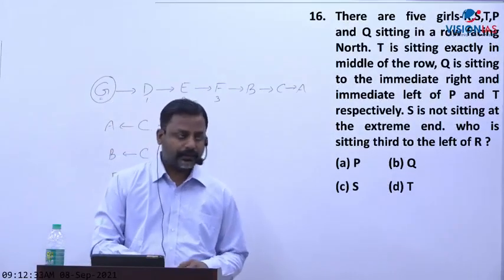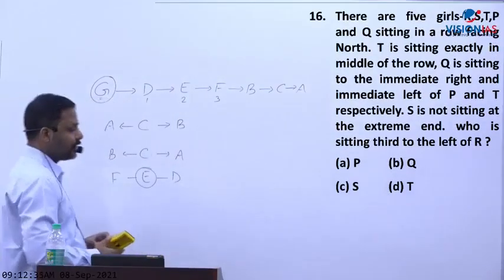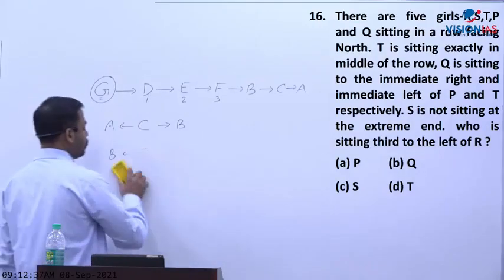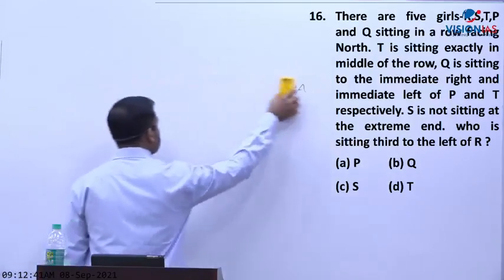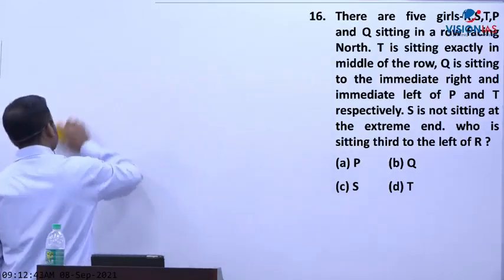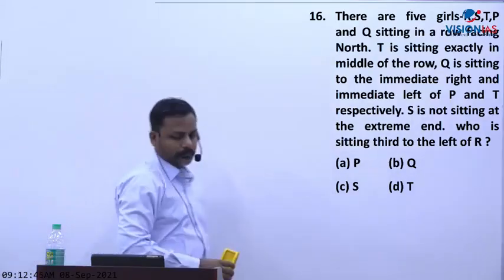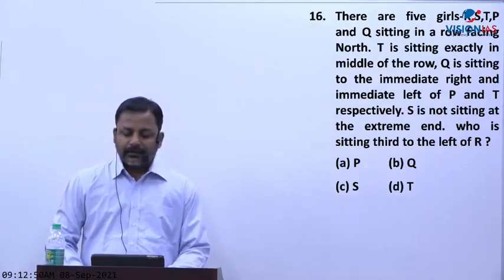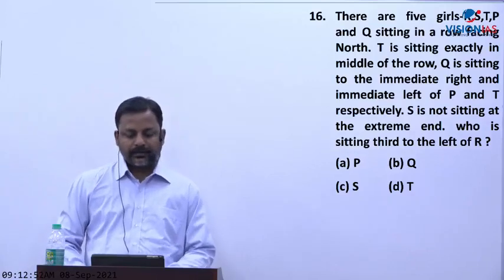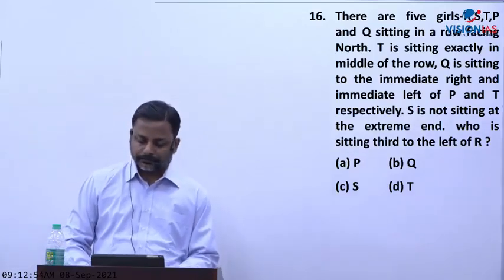Now come to the next question. Question number 16. There are 5 girls, R, S, T, P and Q, sitting in a row facing north.